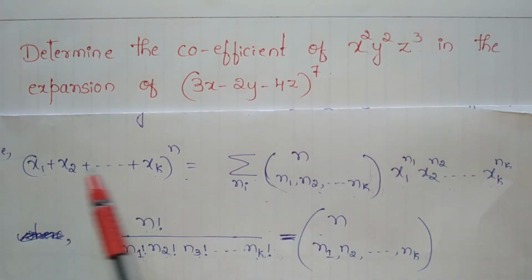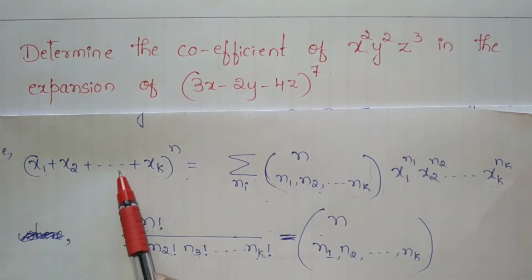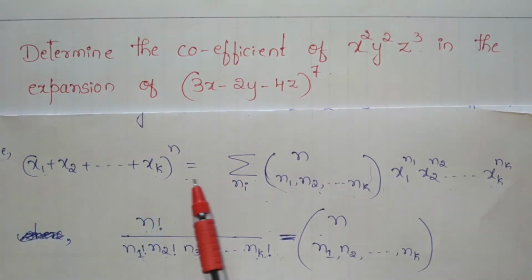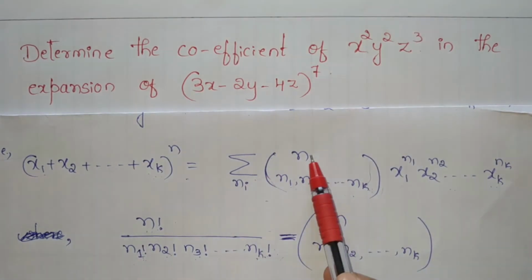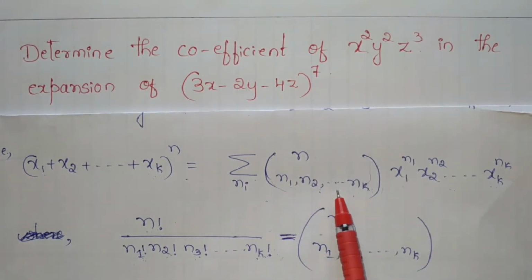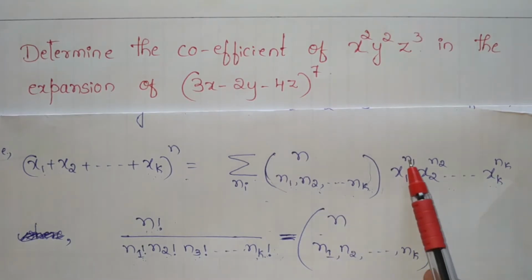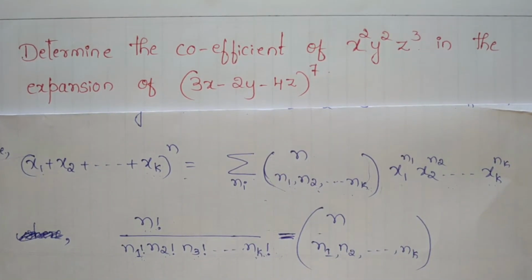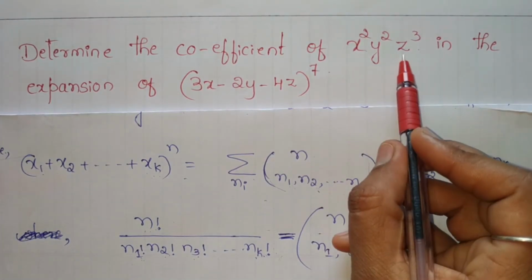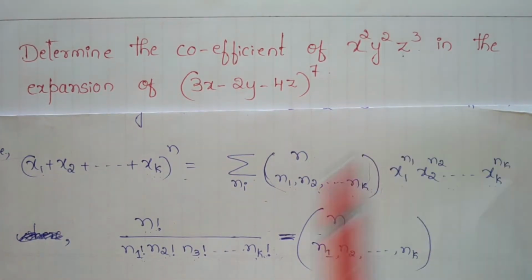So this is in the form of x1 plus x2 plus x3 raised to n. The expansion will be in the form of the summation of n, n1, n2, n3, x1 raised to n1, x2 raised to n2, x3 raised to n3, because we have 3 terms. Now we have to find the coefficient of this term, x square, y square, z cube.